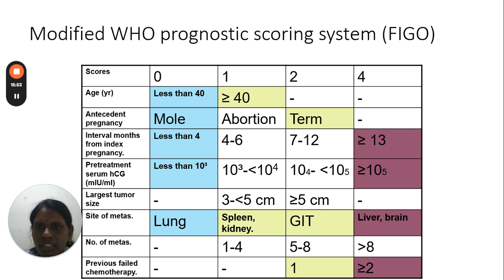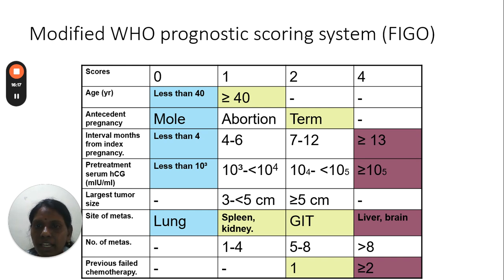Age less than 40, score 0; more than 40, score 1. Antecedent pregnancy: molar pregnancy 0, abortion 1, term pregnancy 2, as the risk is more following term pregnancy.